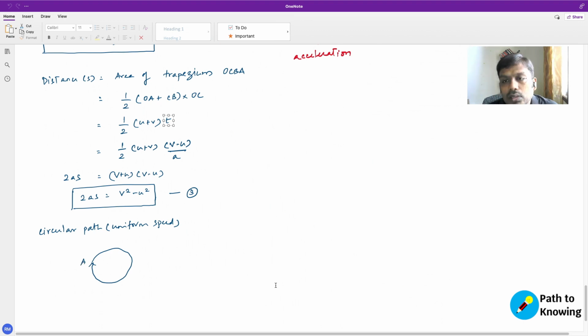Now, how do you calculate the speed of an object that takes this circular path? Let's consider that it makes a circle of radius r, right? Now we know speed is going to be distance covered over time.